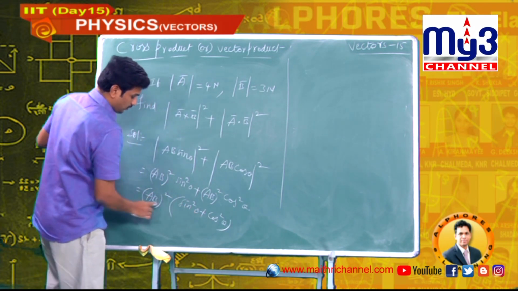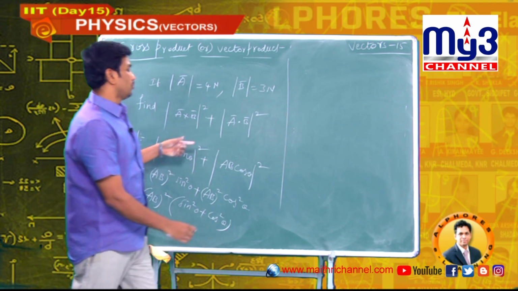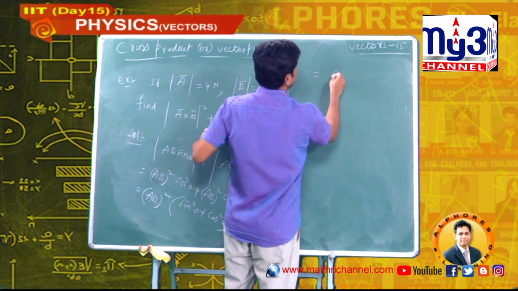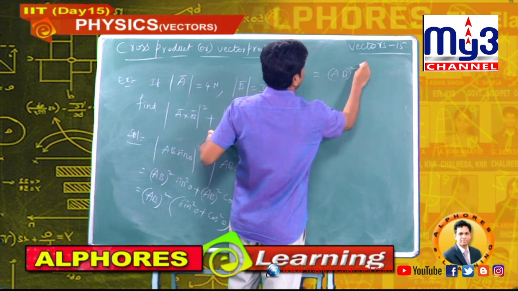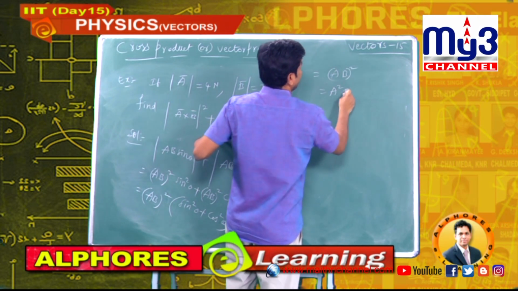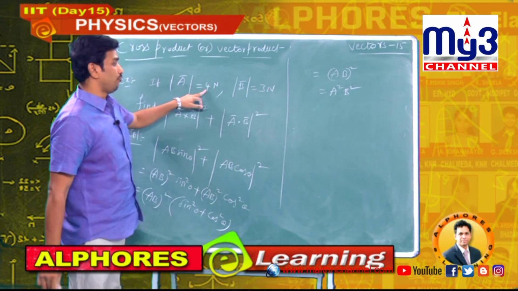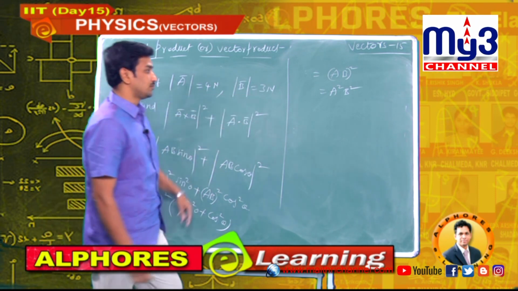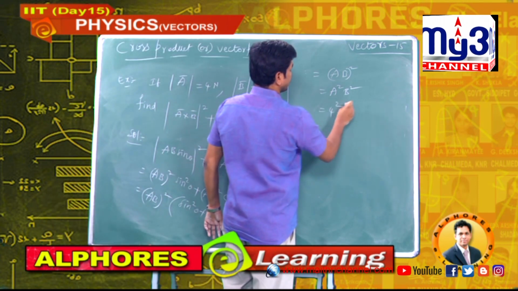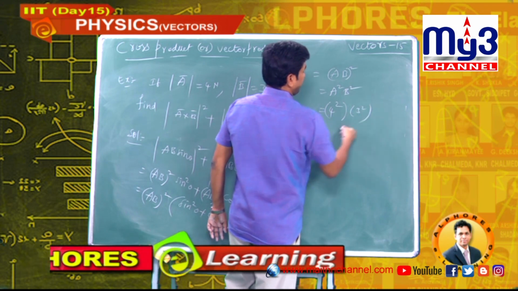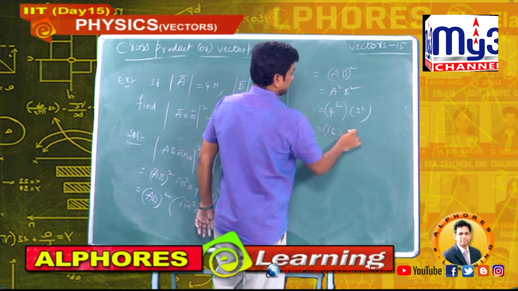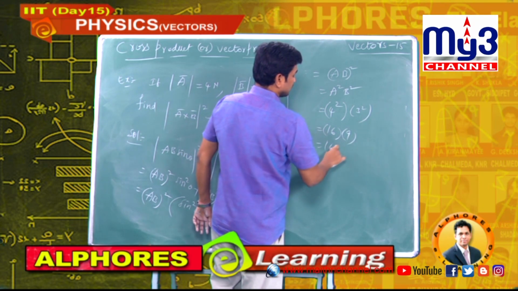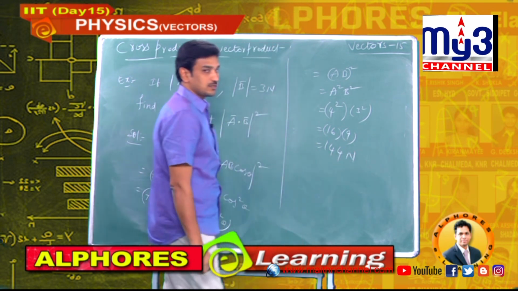This is 1. Now what is the answer? So what they are asking, that answer is AB whole square. That is nothing but A square B square. What is the A? 4. What is the B? 3. Now 4 square into 3 square, 16 into 9, that is now 144 newtons.